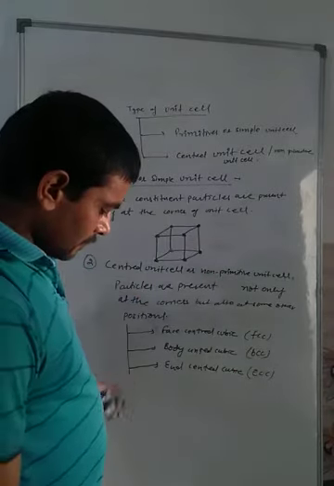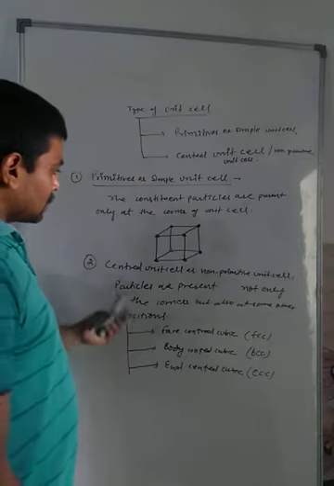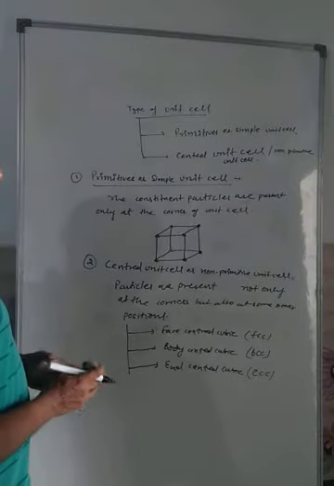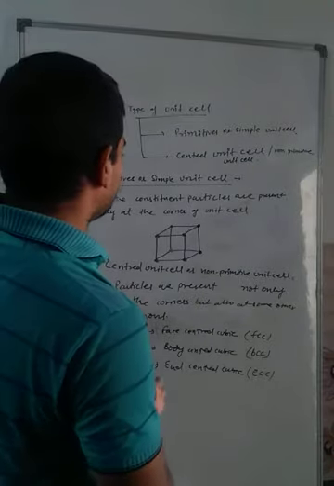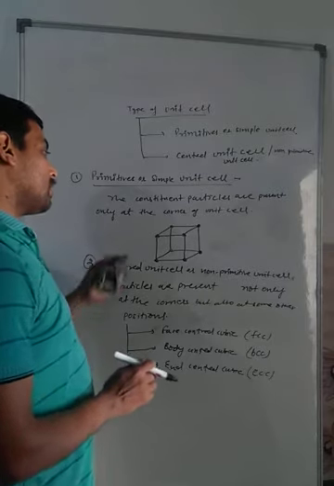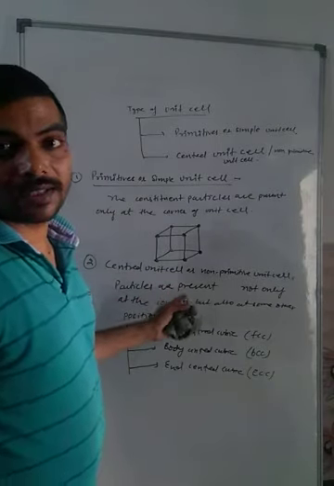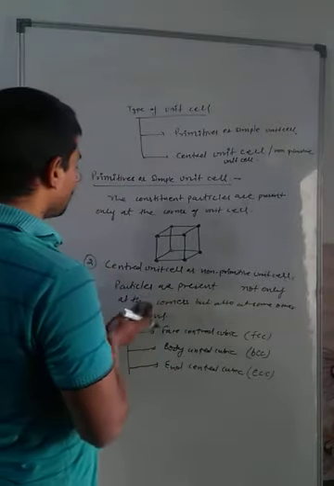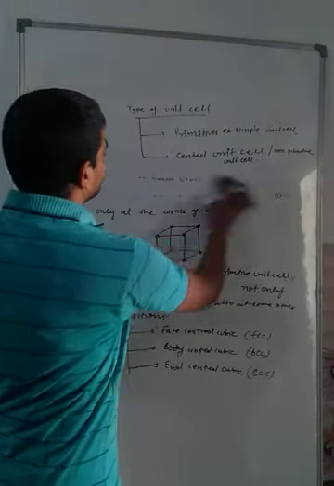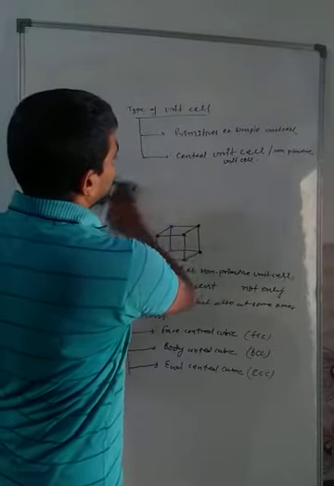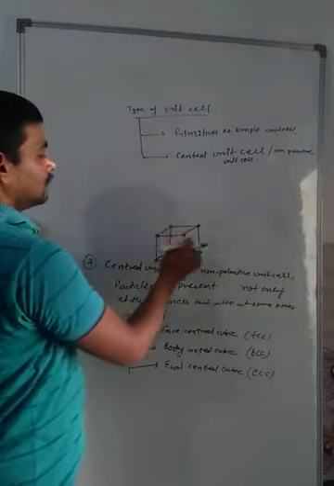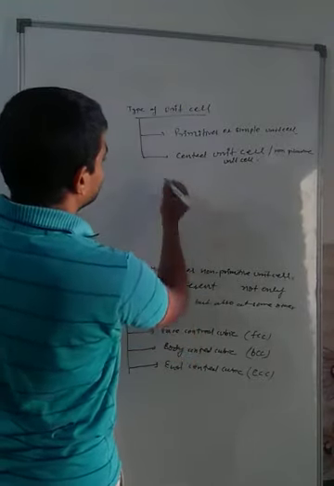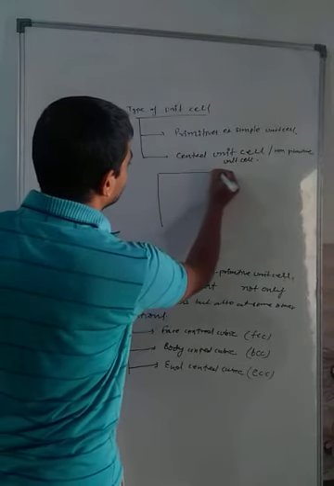Okay, let's discuss them one by one by drawing diagrams. If we are talking about the face centered, atoms are present at all the 8 corners as well as the center of each face. As you know, a cube has 6 faces. We will draw it as a larger diagram.